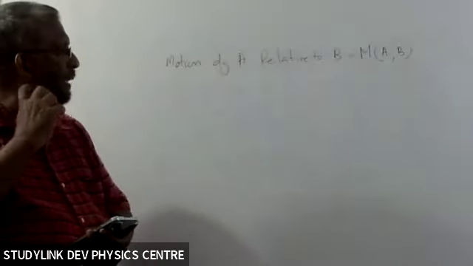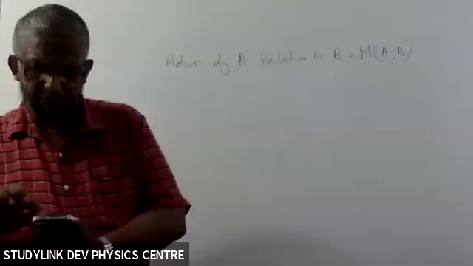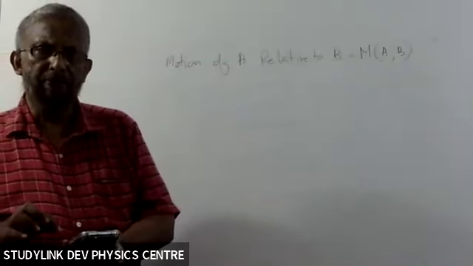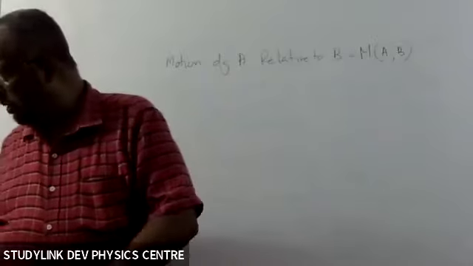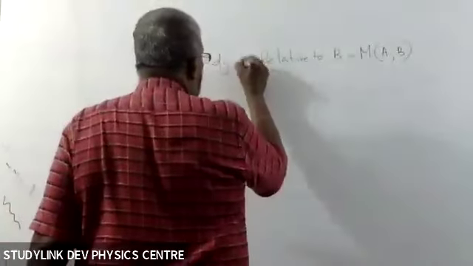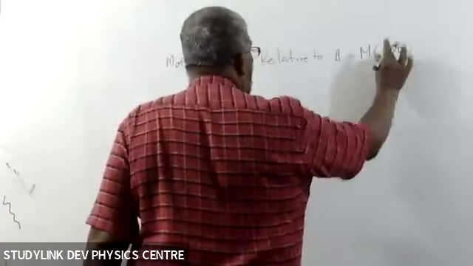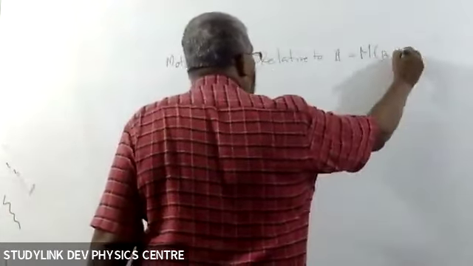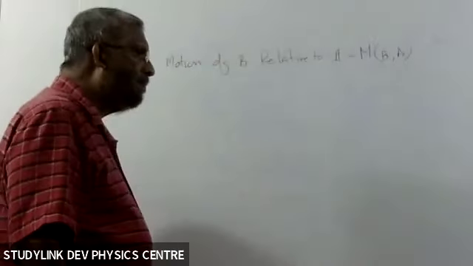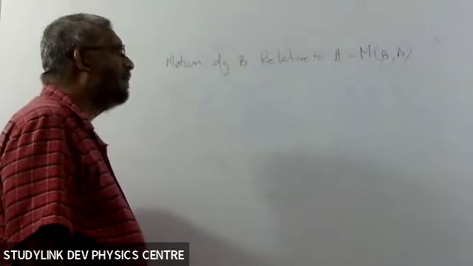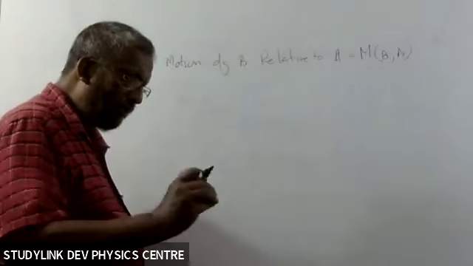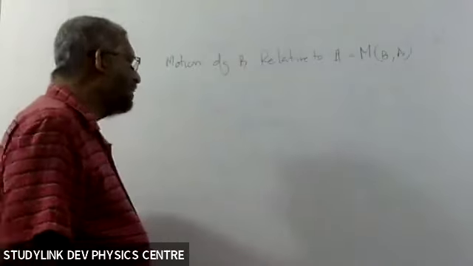Now the next one, motion of B relative to A. Now you can understand how to always read "relative to"; after that we mention an object, and the observer is in that object.